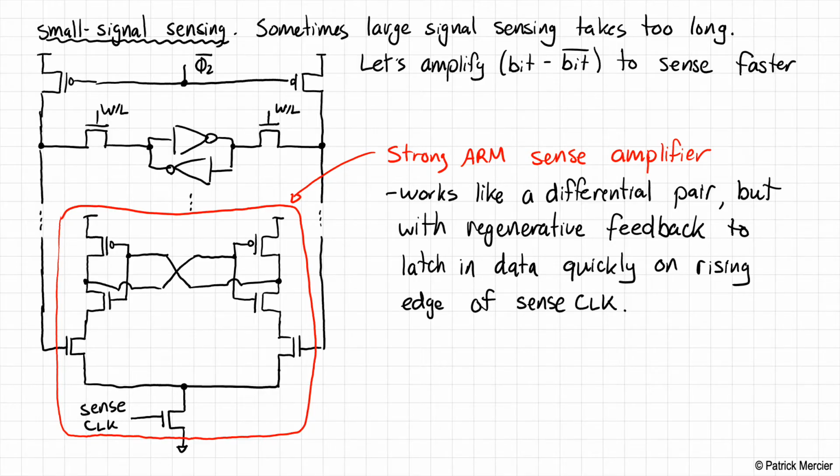And then once the bit lines start to discharge, we start to develop a slight potential difference between bit and bit bar. And then after a certain amount of time, when we expect to have developed a large enough difference between bit and bit bar, then we turn on sense clock.